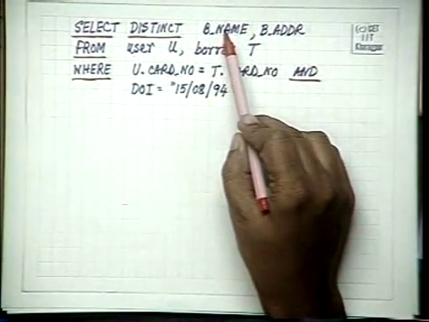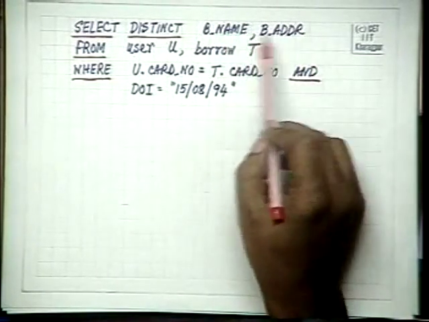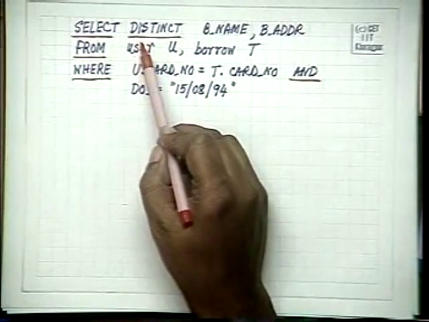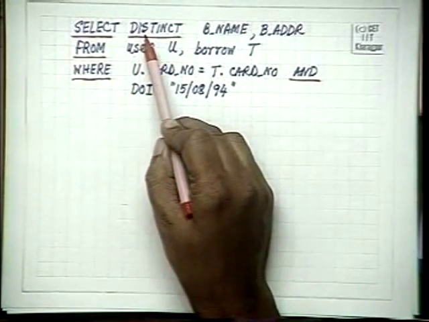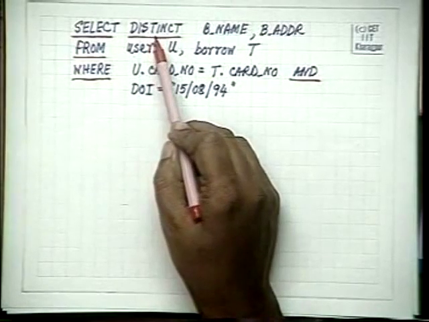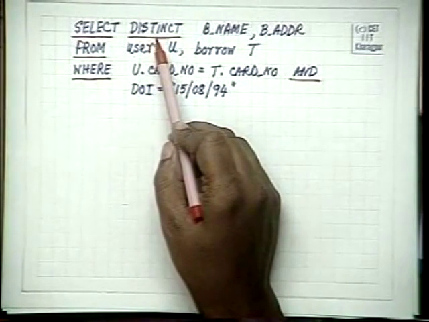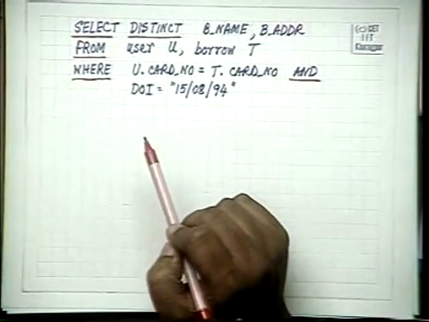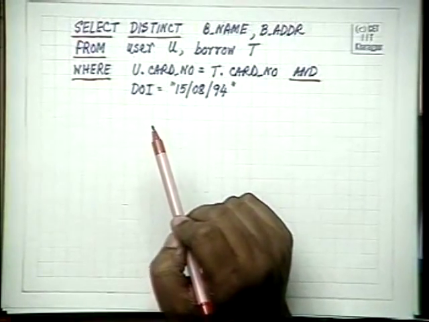But in many cases, the default is all, so you will have to explicitly write distinct. Then the question is, what is the use of having all? We will come to that later, where we require to count the number of tuples which come up, add the tuples, find averages and all that. That time we will require the all to be more explicit. Otherwise, all is not very useful directly if we are just answering pure queries.